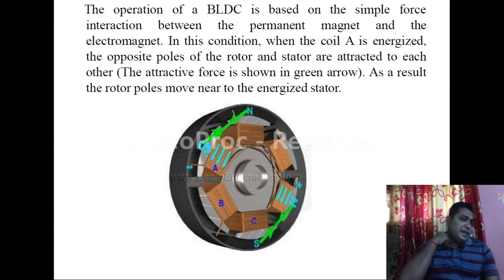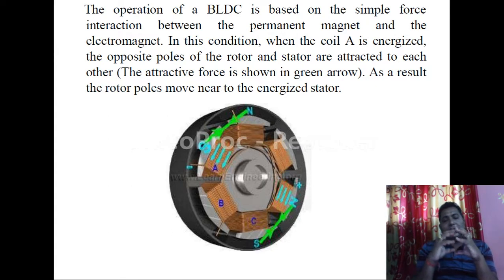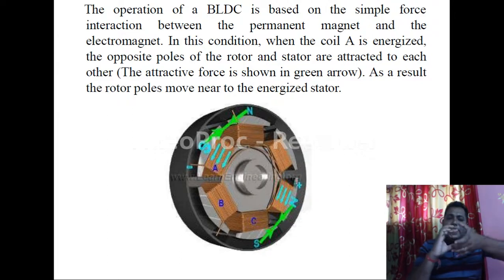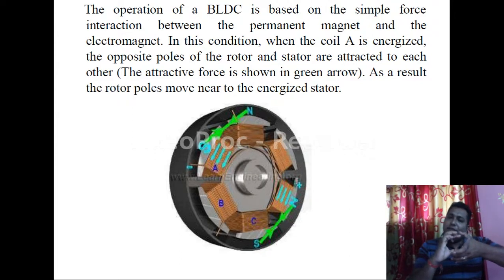That means outside there is a rotor and inside that there is a stator. Say over the stator there is a north pole, and over the rotor we have a north and a south pole. So the north pole over the stator will attract which pole? The south pole. So the rotor will rotate and the south pole will try to come over here. There is an attraction force between them.